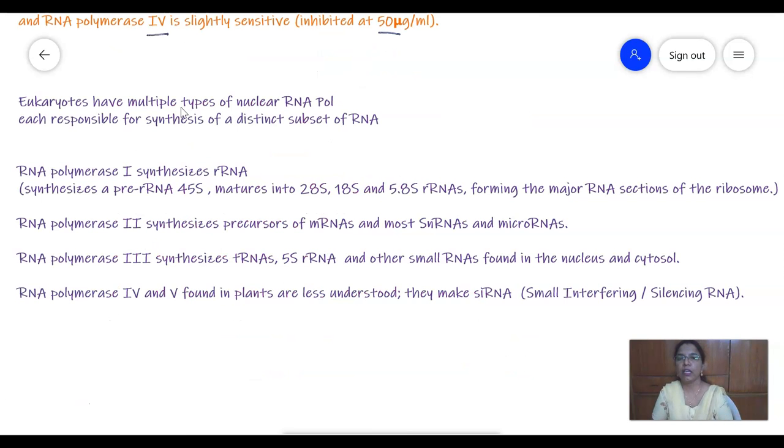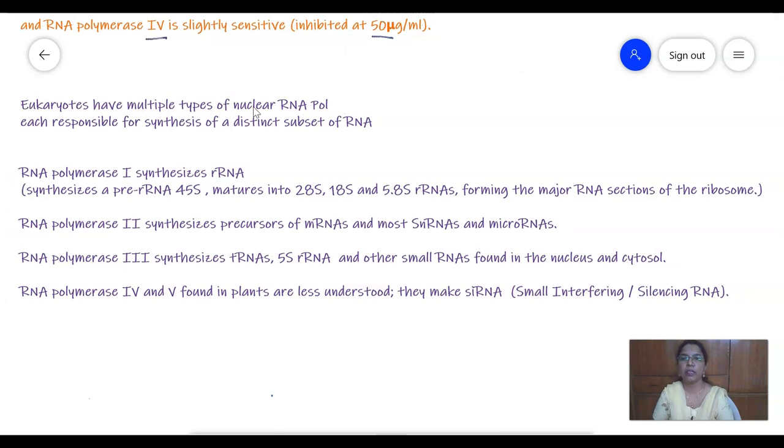Let's see what types of RNAs are synthesized by RNA polymerase 1, 2, and 3. Eukaryotes have multiple types of nuclear RNA polymerases, and each is responsible for the synthesis of a particular subset of RNAs.